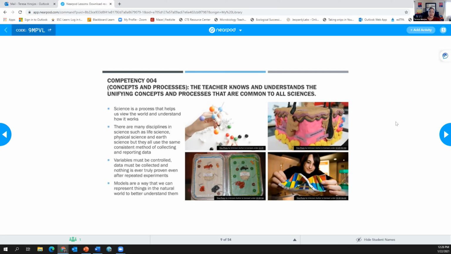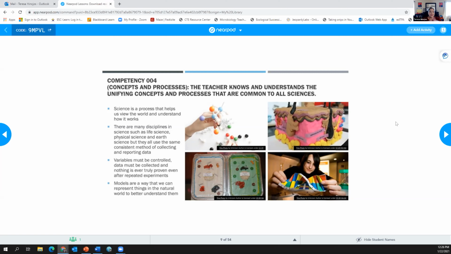And so in science, there are going to be different disciplines. So in the elementary grades, there's life science, physical science, and earth science. But there are even more specific topics within those areas. And again, it's basically a method that all of them are going to use to collect and report data.